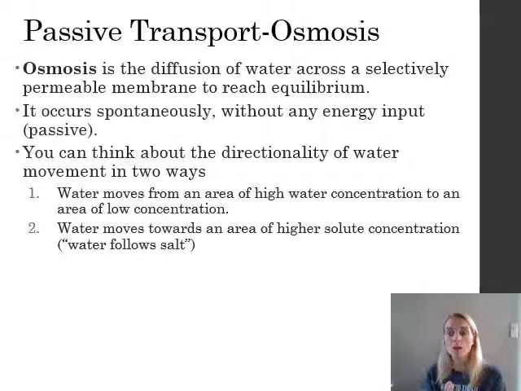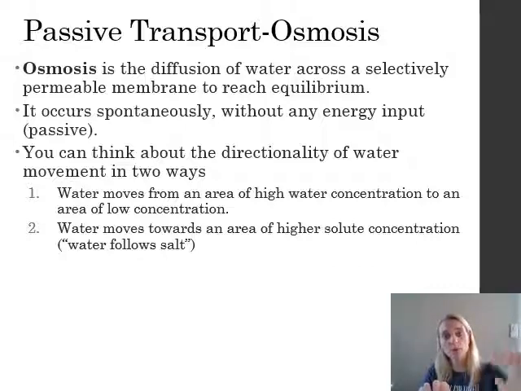Okay, so you have 100% water over here and 50% water over here, water's going to want to go from the high to the low water concentration, right? You're going to have water go from this side to this side. So if we have a whole lot of water over here, 100%, and 50% here, water will go towards that lower water concentration, okay? You can think of it also as the higher solute concentration.